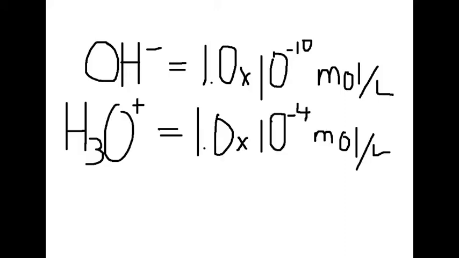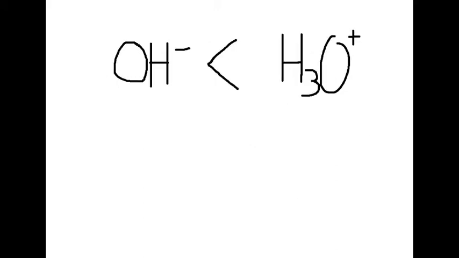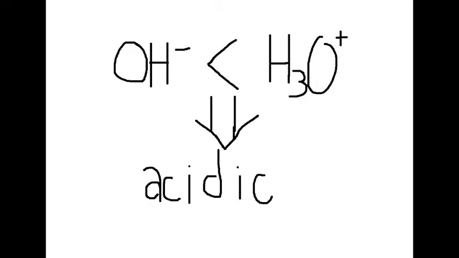Being so, [H3O+] equals 1.0 times 10 to the negative fourth moles per liter, and [OH-] equals 1.0 times 10 to the negative 10th moles per liter. So therefore the solution is acidic because the H3O+ is greater than the OH-.